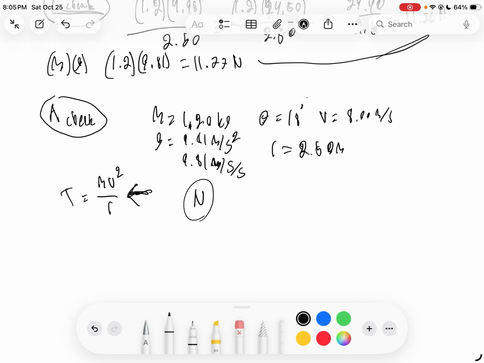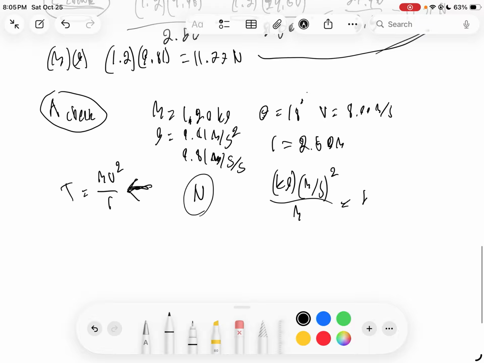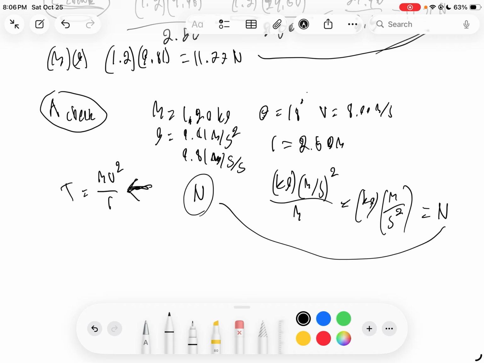Our units are kilograms, meters per second for the velocity, squared, divided by meters, which equals kilograms times meters over seconds squared, which represents newtons, which is the goal.